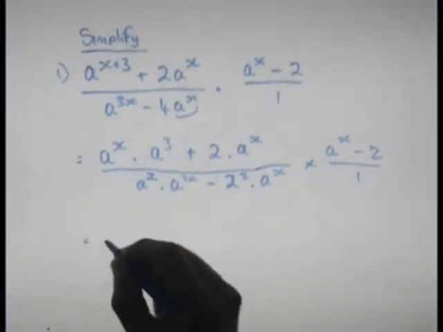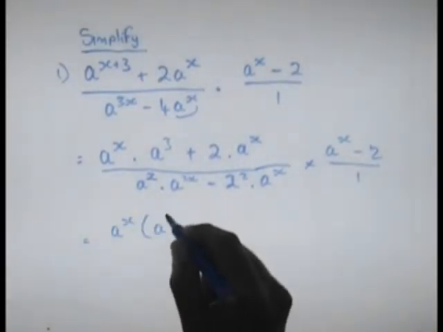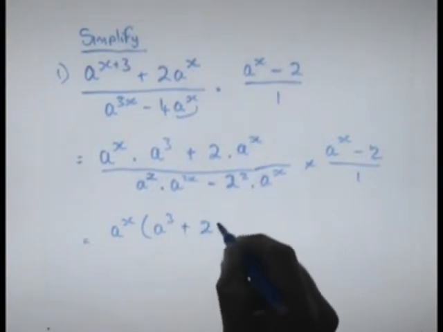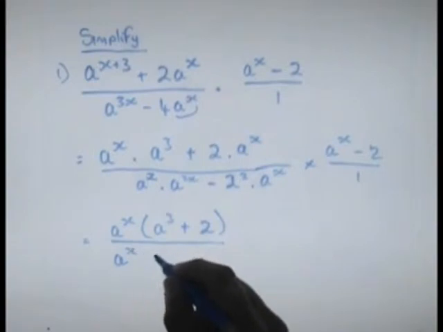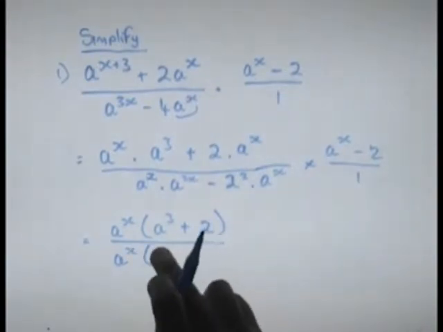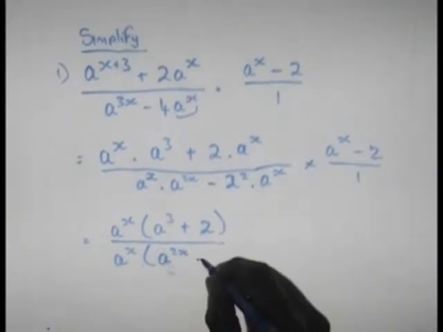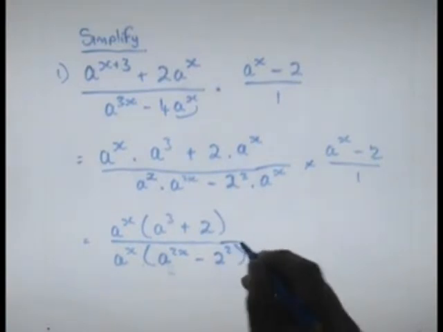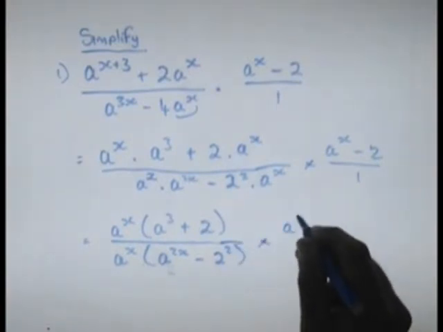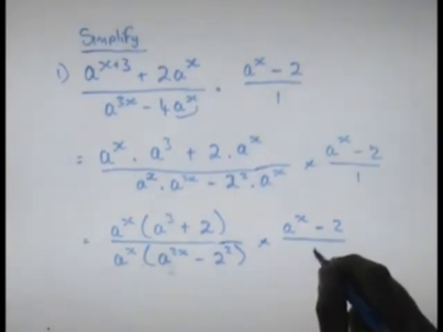Take out a common a to the power x. That's going to leave us with a to the power 3 plus 2 divided by a to the power x, which leaves us with a to the power 2x minus 2 to the power 2 multiplied by a to the power x minus 2 over 1.